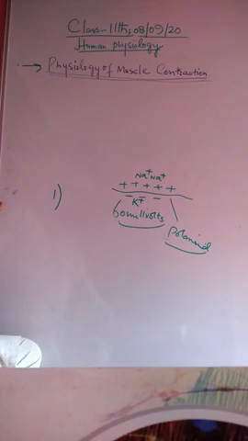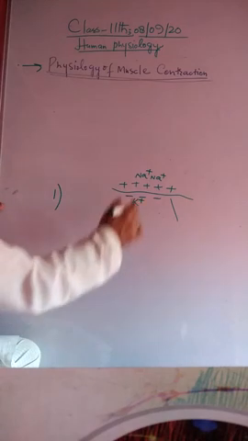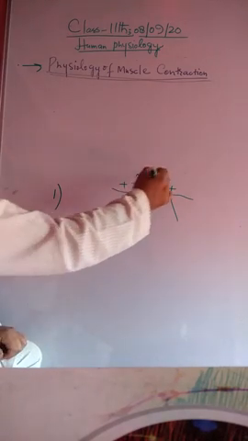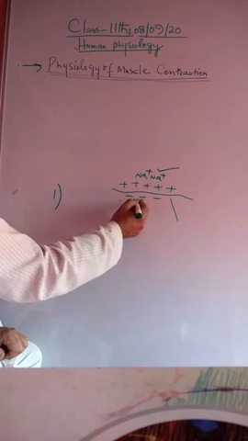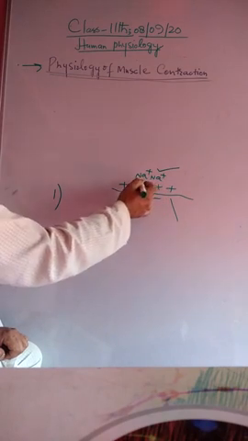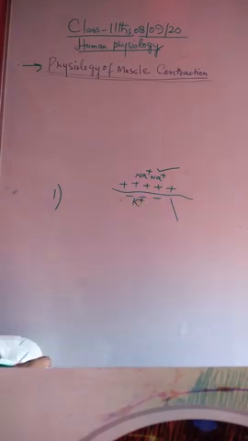Due to different concentrations on the two sides of the sarcolemma, potassium ions leave and sodium ions enter the muscle fiber. There are more sodium ions outside than inside. When there is more positive charge outside and less positive charge inside, the inner side becomes negative.